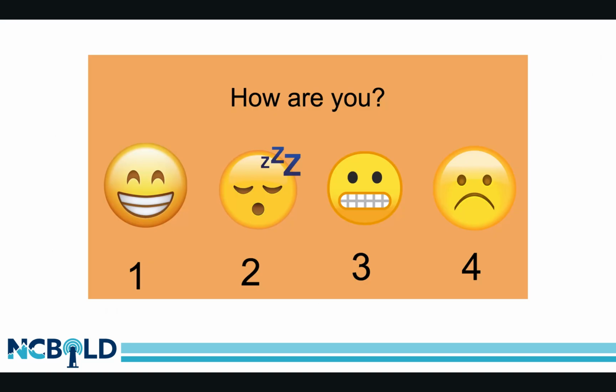So here's a couple examples that I use in my classroom. If you just want it to be quick and easy, just have students say a number. I'm a 1, 2, 3, or 4. Or if you don't want to do this verbally and you're just getting the students kind of warmed up to the idea and they don't really want to share out loud how they're doing, just have them put a number up to their chest with their hands.